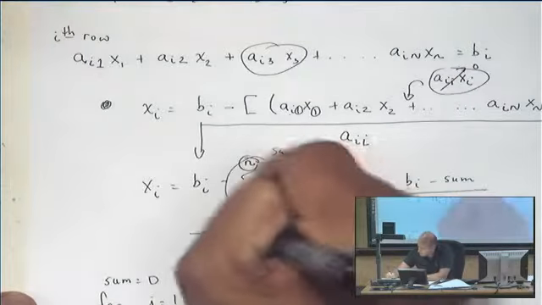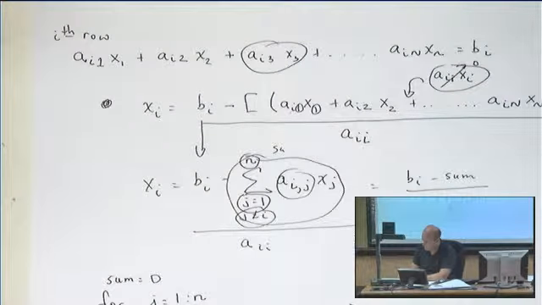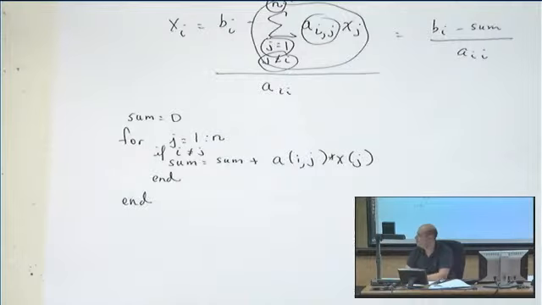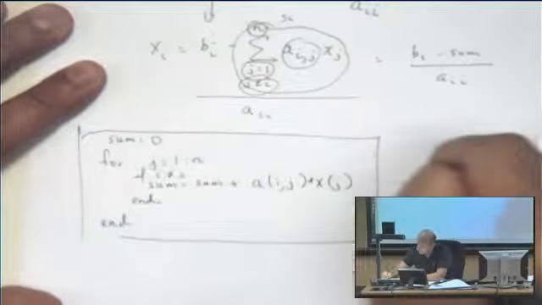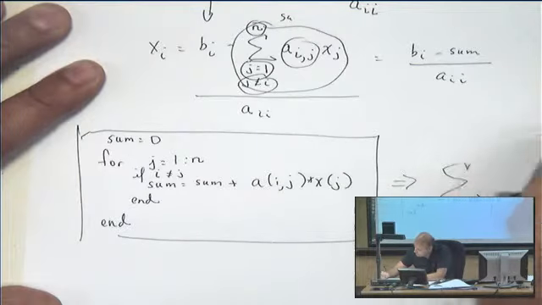Because you skip over that term in the sum if i is equal to j. So that's what we do right there. So this is equivalent to this.